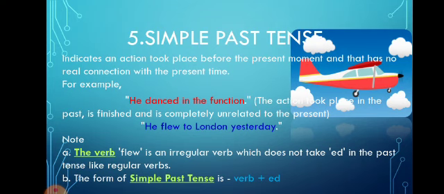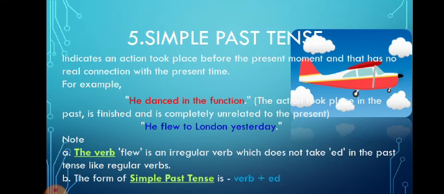When we add ed in the past and past participle, those kinds of verbs are called regular, because there is no change in the form of the verb in past or past participle. But here, the form of the verb changes when it is changed to past or to past participle. Fly, flew, flown. The forms are changing, right?